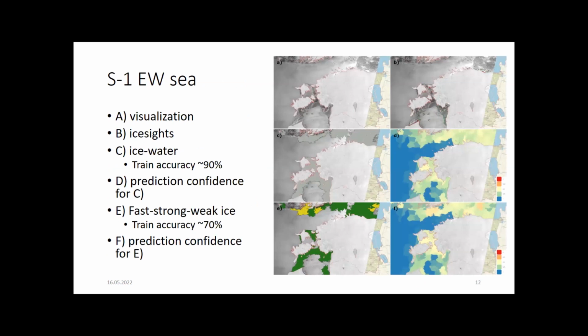So the first results for extra wide images, visualizations. Here you probably don't see very well, but all the ice sites are marked. Then the first water and ice classification, and the ice areas are divided into 3 different types as well. You see that while the train accuracy is relatively high, we still have some misclassifications.